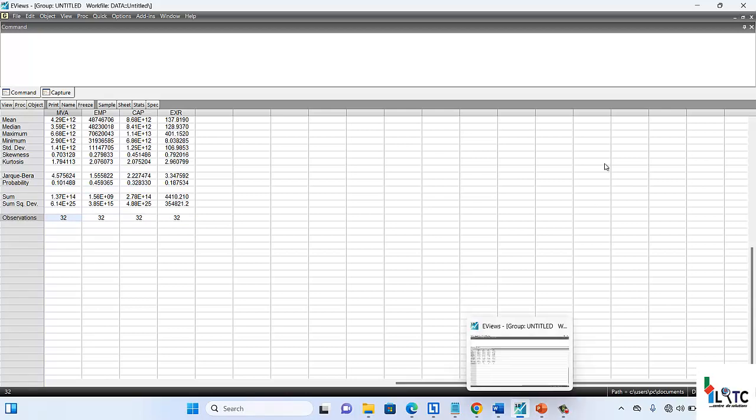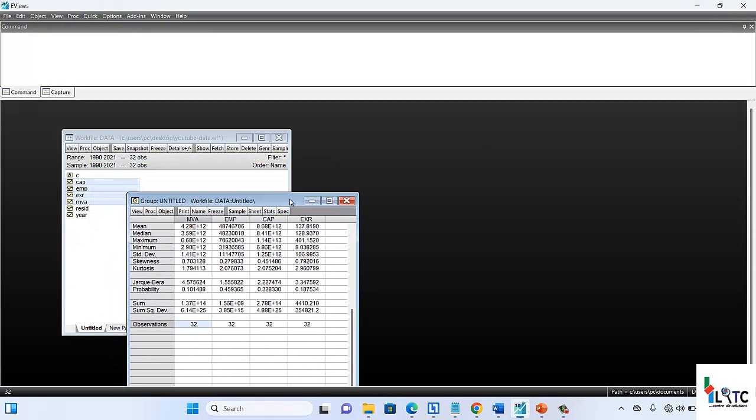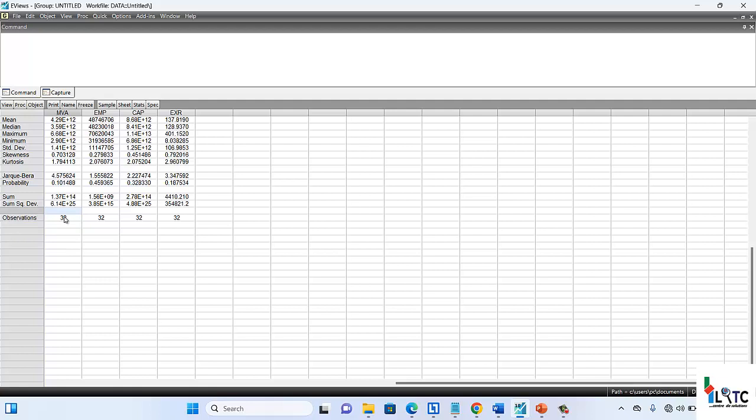Next, that is very important, is observation. Let me go back to here. You can see from here that my observation starts from 1990 and it ends in 2021. So I have 32 observations. So that's what it's saying here, 32 observations. In a situation whereby you have missing data, let's assume you have 2 or 3 missing data for employment, it won't be 32.